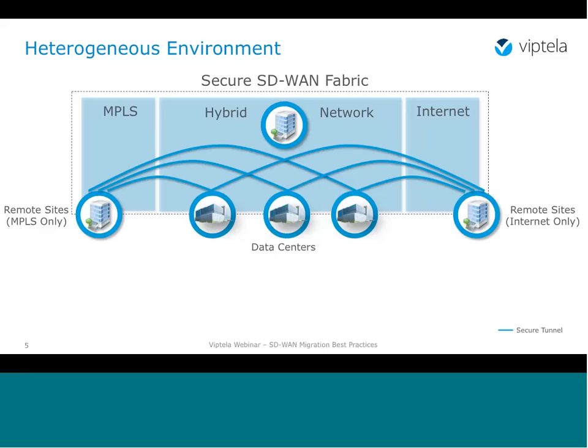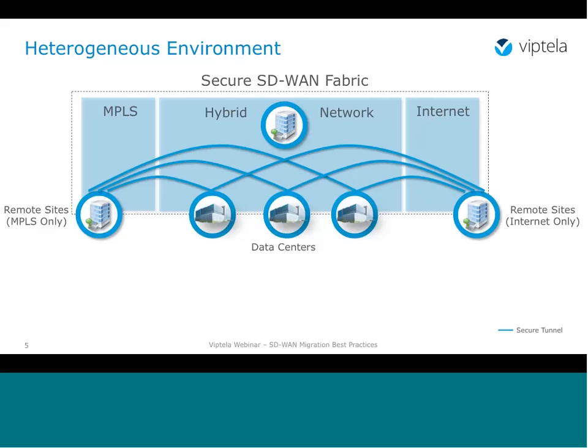The simplest way to do that is to extend the SD-WAN fabric across those existing transports, MPLS or internet, into the data centers that are the interconnect points between the sites sitting on the disparate transports. So you can think about the data centers as elements that glue an MPLS-only site and an internet-only site into the cohesive SD-WAN fabric.